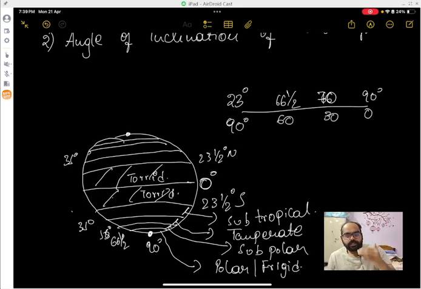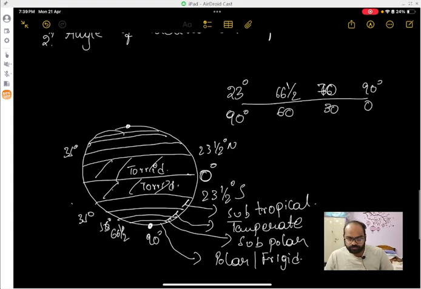Remember these latitude figures: 0 to 23 and a half is torrid; 23 and a half to 35 is subtropical; 35 to 55 is temperate; 55 to 66 and a half or 65 is subpolar; 66 and a half degrees to 90 degrees is the polar or frigid zone.